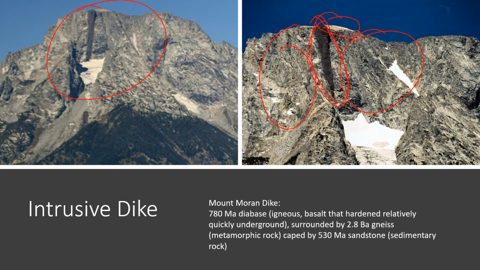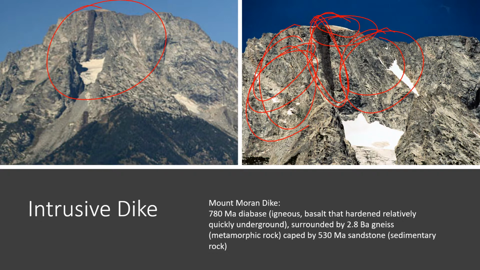Then at some point in the past, there was some alluvium deposited on top of this when it was still the valley floor, creating a cap of sandstone. So you have 2.8 billion year old metamorphic granite, gneiss, all around, and you have this intrusion.